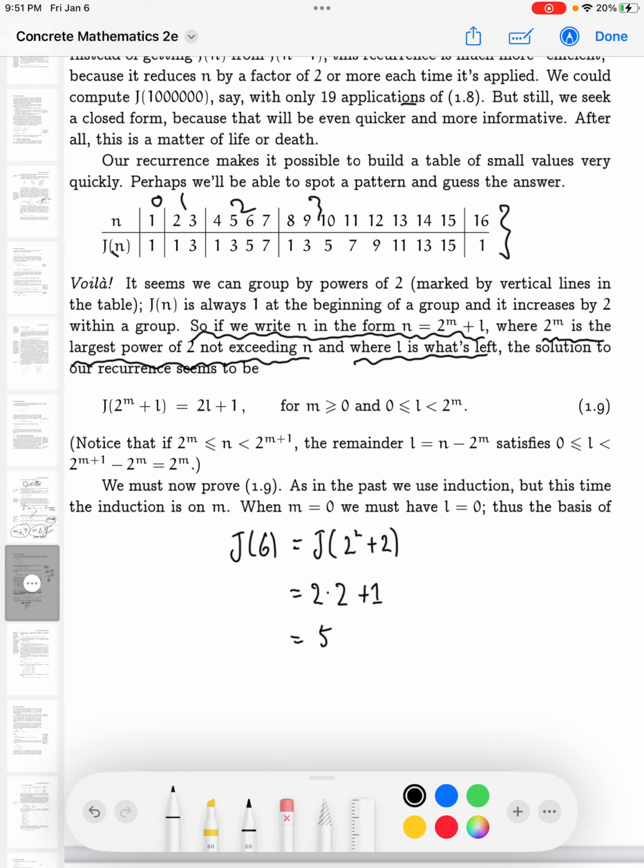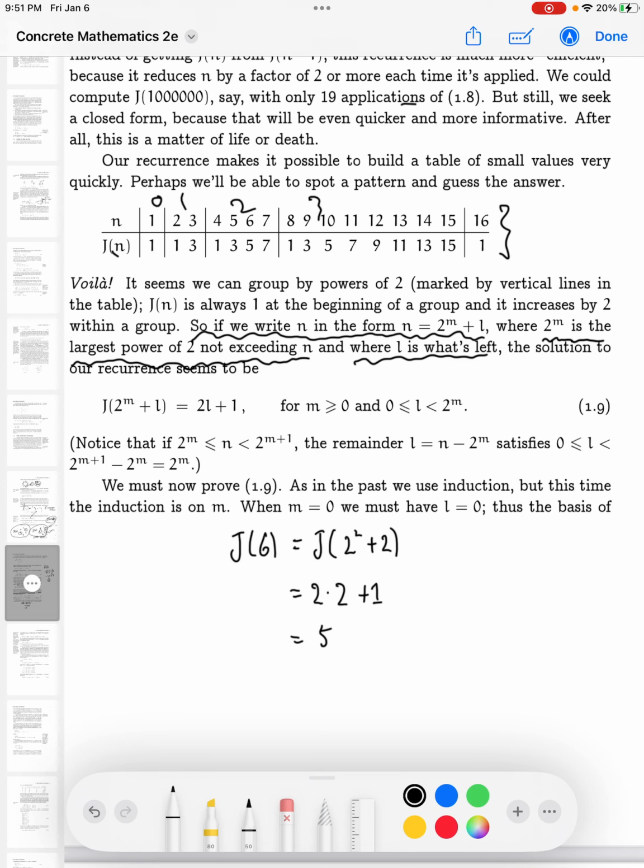So there are two things you need to catch. The limitation of what 2 to the power of m should be is that it should not exceed n, and L is the leftover. If you notice the text in the bracket, 2 to the power of m is less than or equal to n and less than 2 to the power of m plus 1.